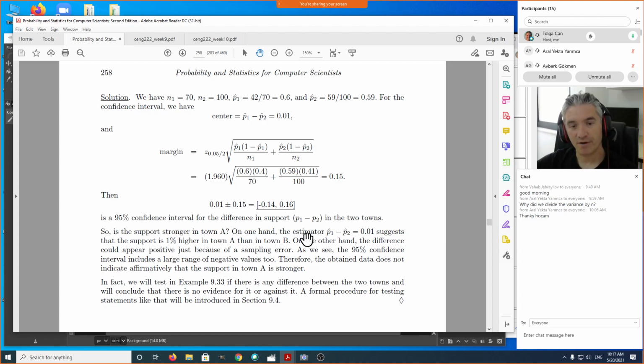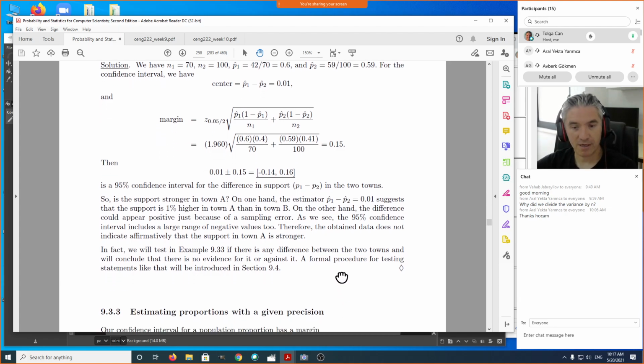And similar to this confidence interval test, by looking at the sample we have collected, we will say, for example, there is significant evidence that town A has larger support, or we don't have significant evidence to show that. It may be inconclusive. We will say that the sample is inconclusive for the hypothesis that says this candidate has more support in town A.